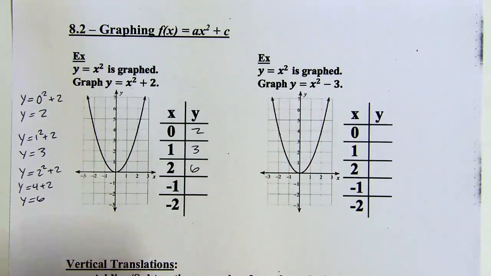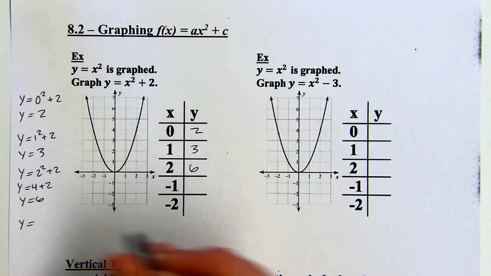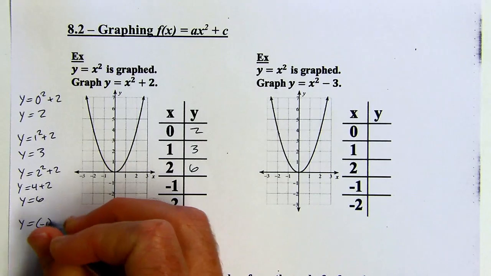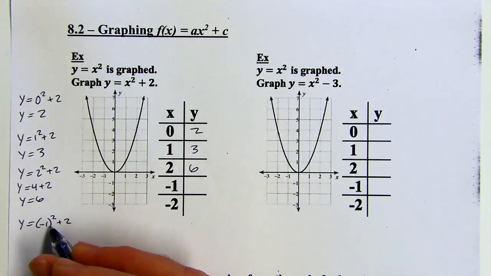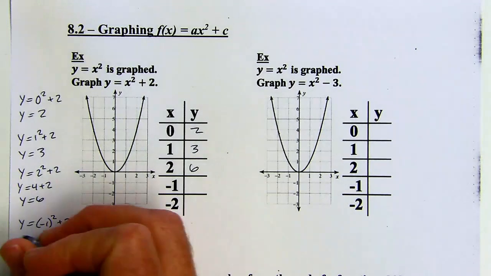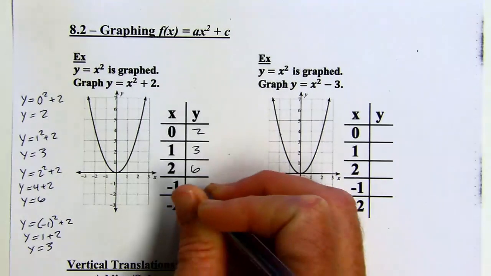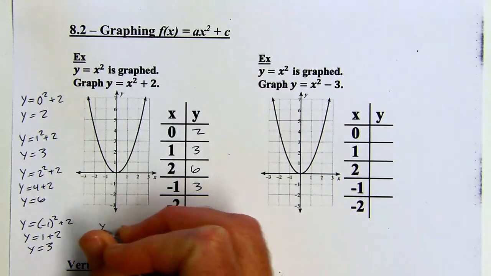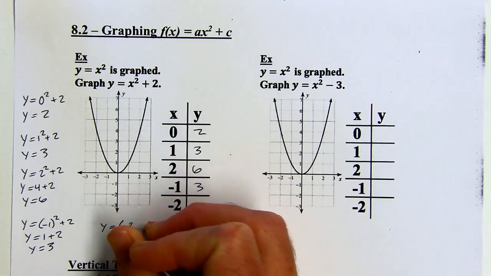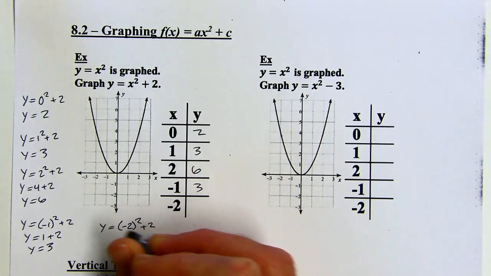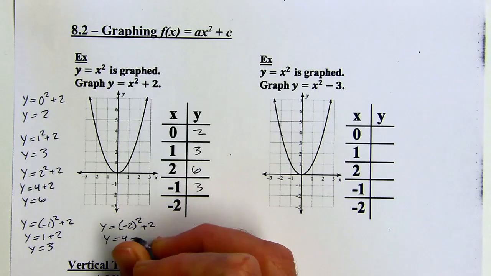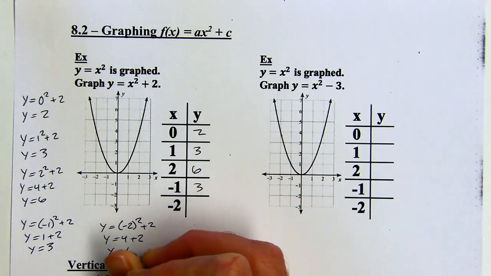Okay, and then let's try the negatives. When I plug in -1, you want to do the squaring first, so this would be 1 plus 2, which is 3. Okay, and then finally when I plug in -2, I've got 4 plus 2, which is 6.